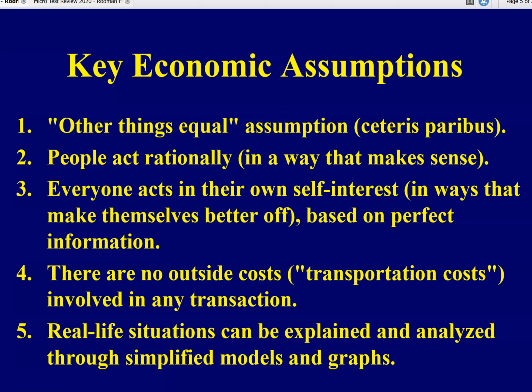People do think rationally, but we know that there's a lot of exceptions to that rule. So the point is we're trying to think that they're going to act rationally in a way that makes sense. Also, they're going to act in a way that is helping them in acting in their own self-interest. They're going to act in ways that are going to help make them better off. And we have to assume that based on what we call perfect information, which we know is less than perfect.